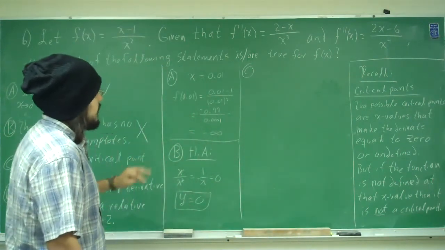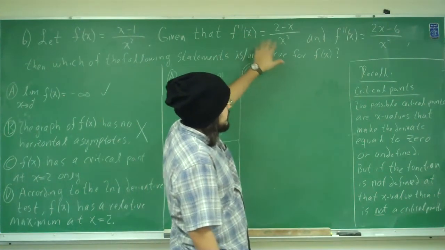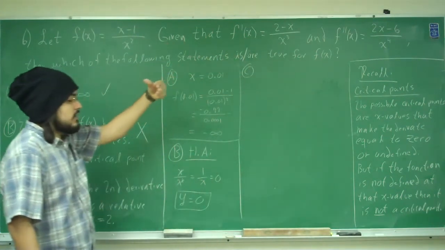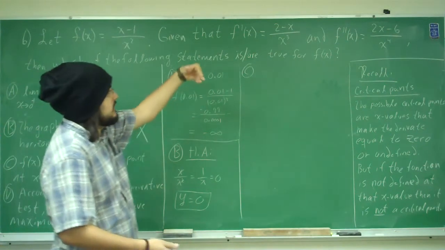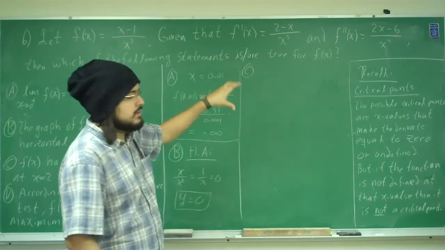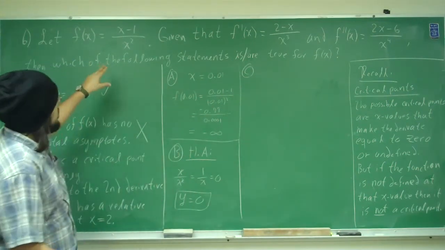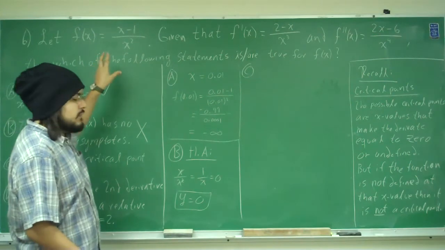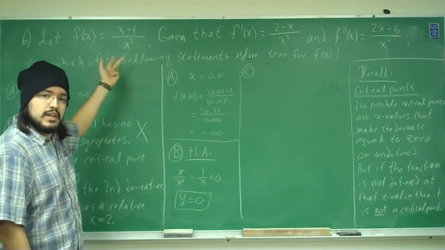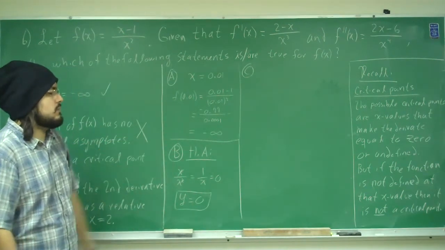So we plug those possible critical points back into the original function, and if one of them does not work, then it's not a critical point. The rest that do work are critical points.